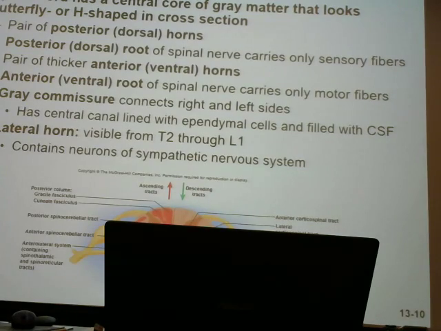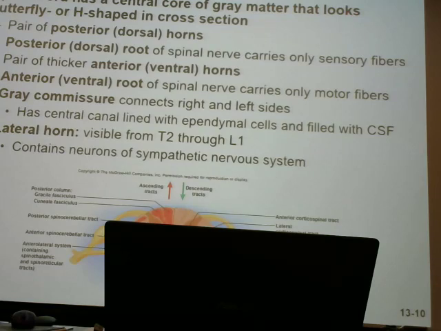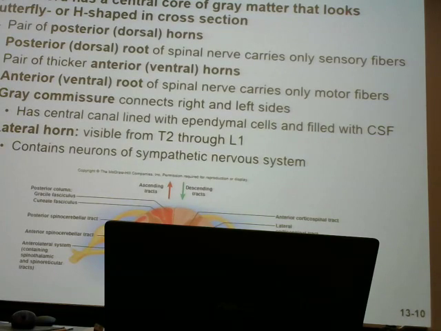This is my cervical region, my thoracic region, lumbar, T, thoracic. So roughly T2 through L1, I'm going to see a lateral horn.